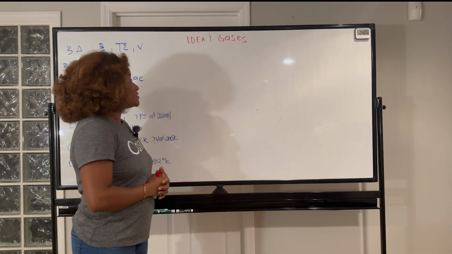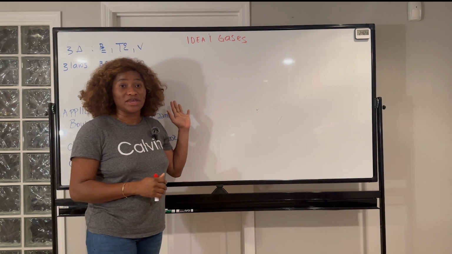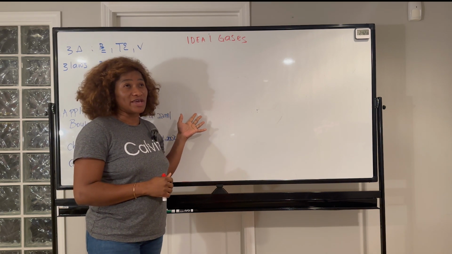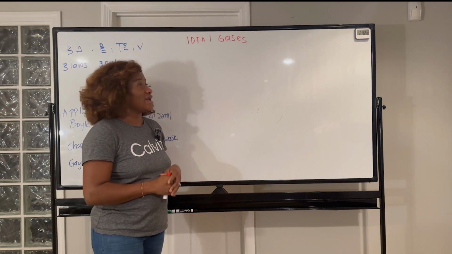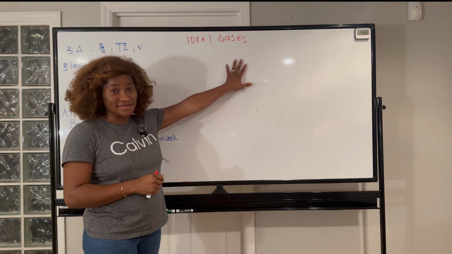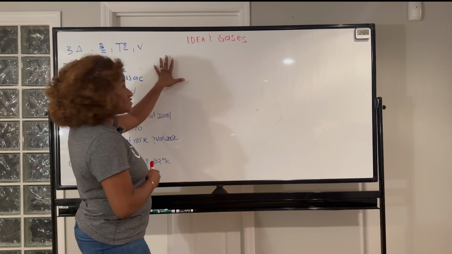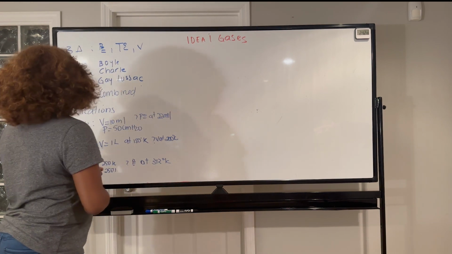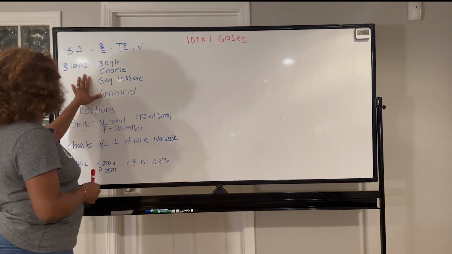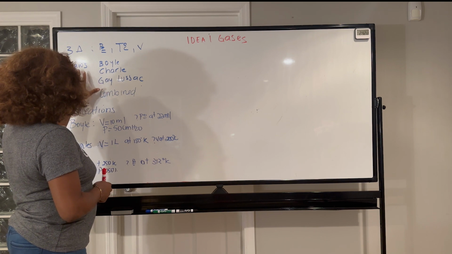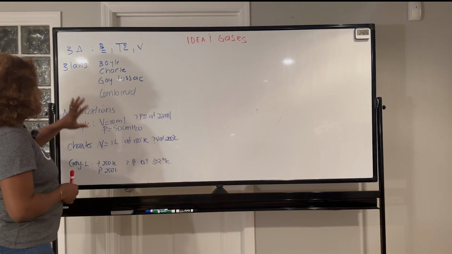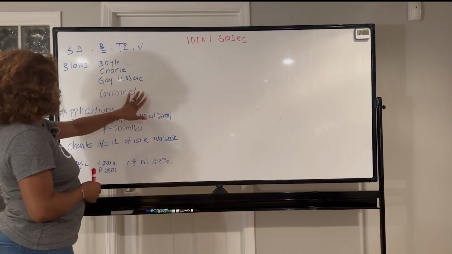So today I'm going to talk about a different topic that we review in the instrumentation course, and it's called gas laws. I'm going to share a trick and a tip on how to memorize these different gases. Mainly we have three gas laws and a combined gas law.